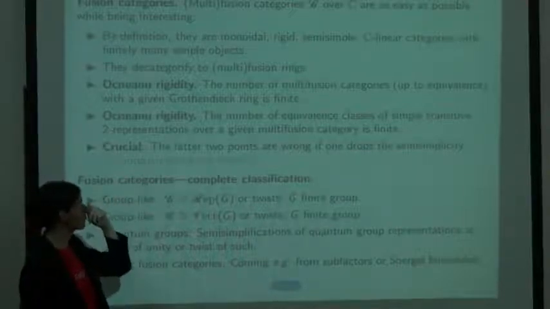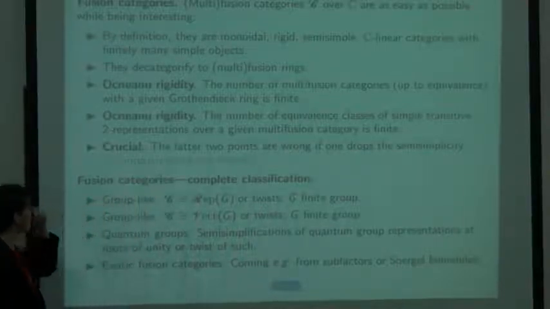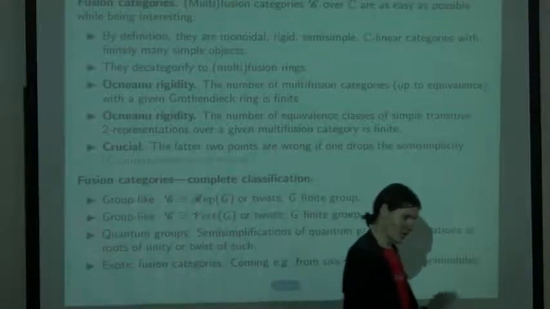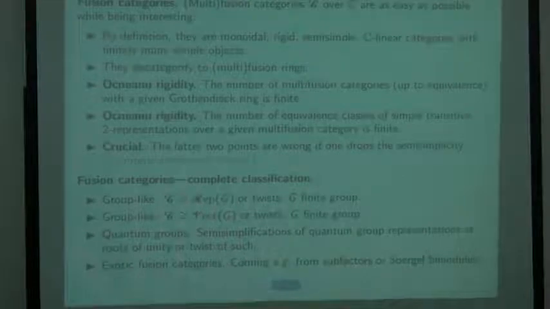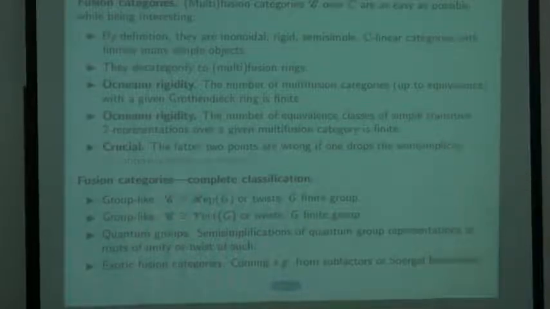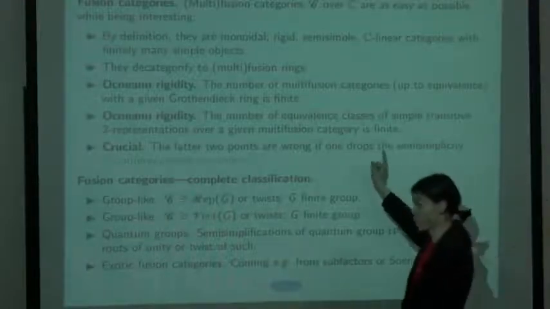The number of multi-fusion categories up to equivalence, of course, with a given Grothendieck group is always finite. So there are only a finite number of categorifications of your favorite algebra in this semi-simple multi-fusion business. Same for module categories of your multi-fusion category. And this is extremely crucial because this is really, really wrong in general.